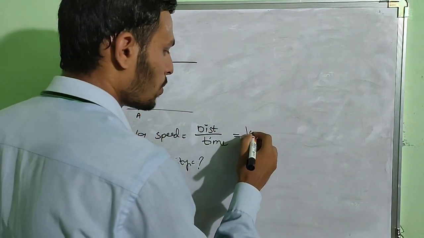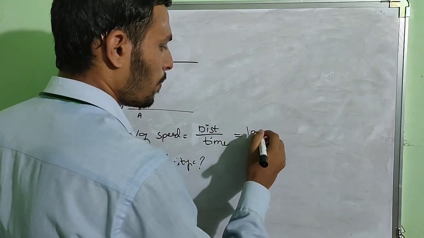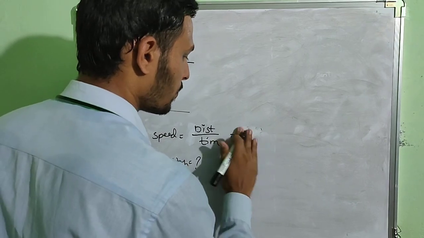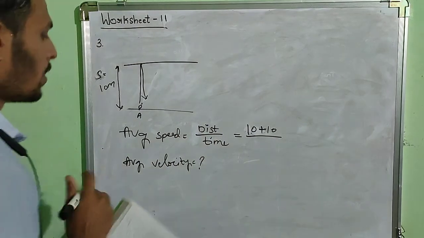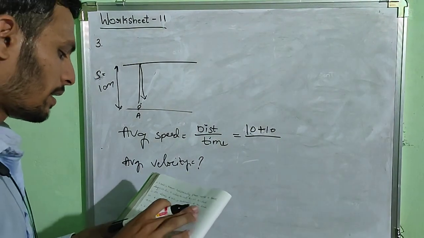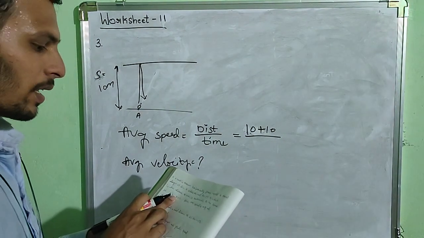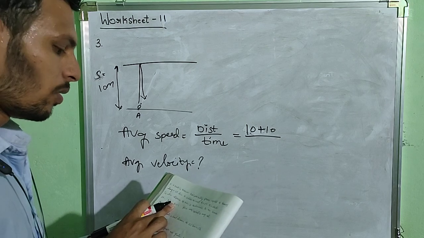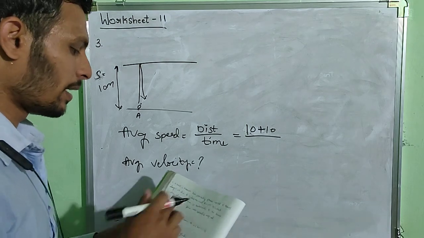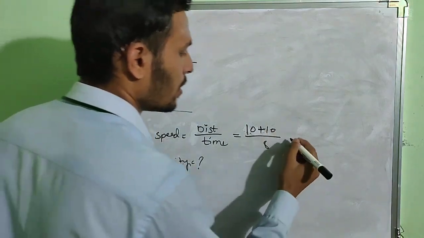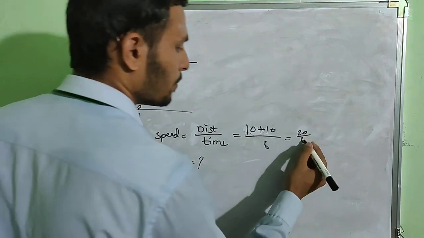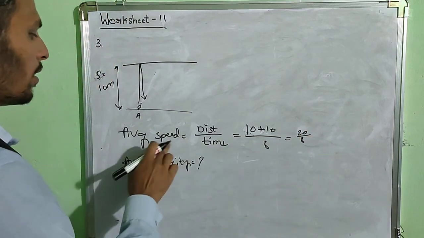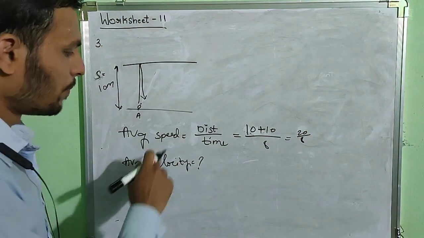And the time he takes is 8 seconds. So 20 divided by 8, we'll get the speed.